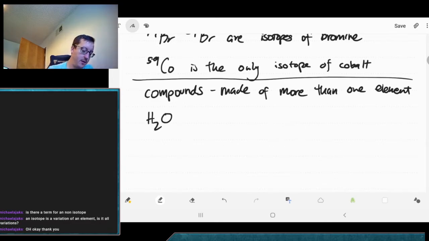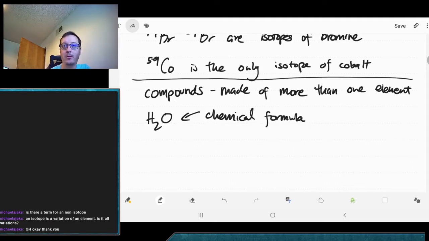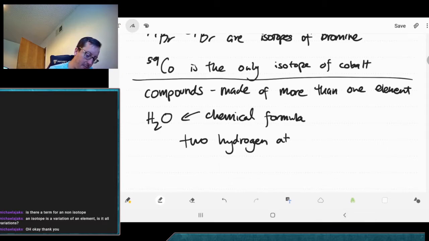This little thing here is what's called a chemical formula. And it tells us we have 2 hydrogen atoms plus 1 oxygen atom.